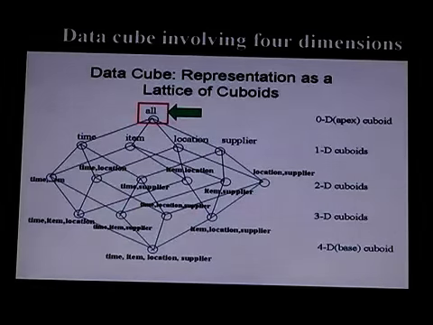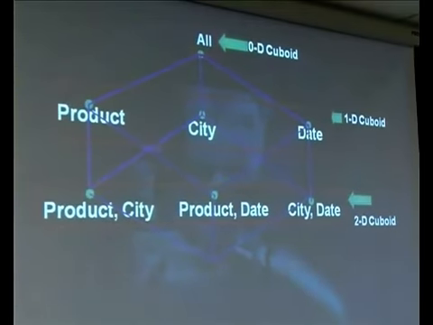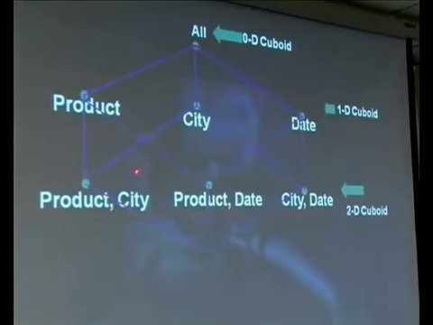Next question. The basic difference between relational database management systems and multidimensional database management systems. In order to understand the other features and the concept of data cube, which is a lattice structure, if you observe here, all is a 0-dimensional cuboid. Product, city, date are 1-dimensional cuboids.